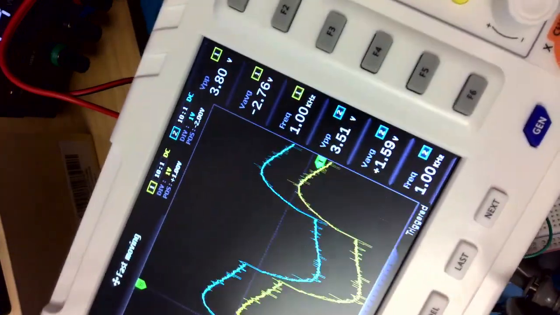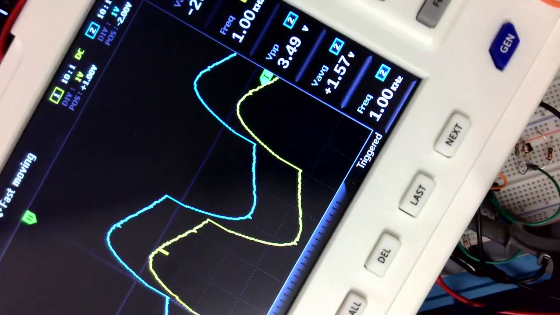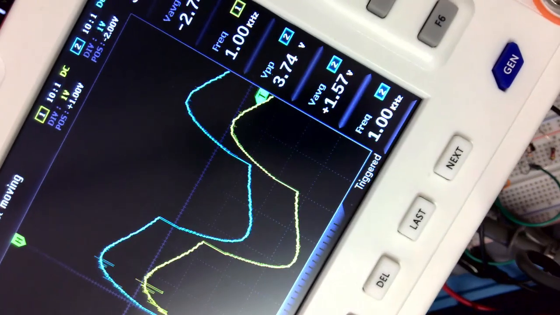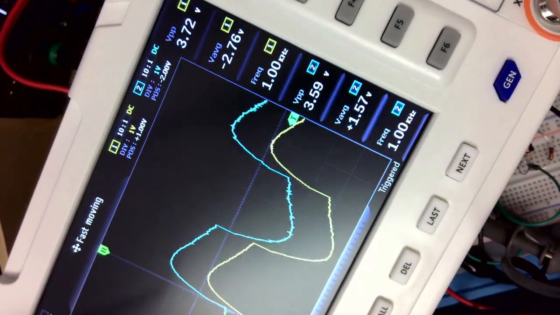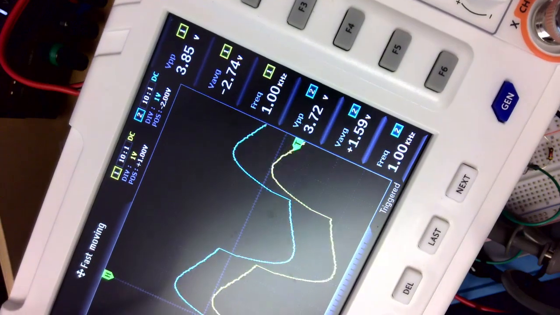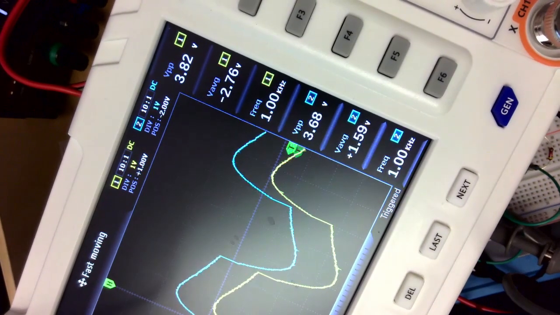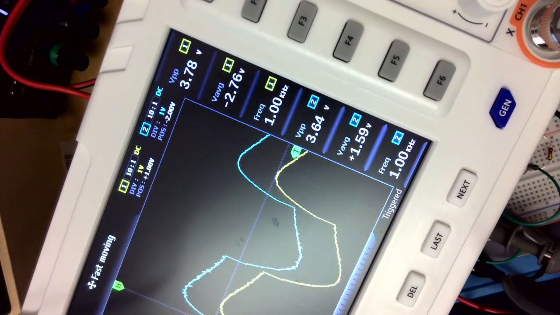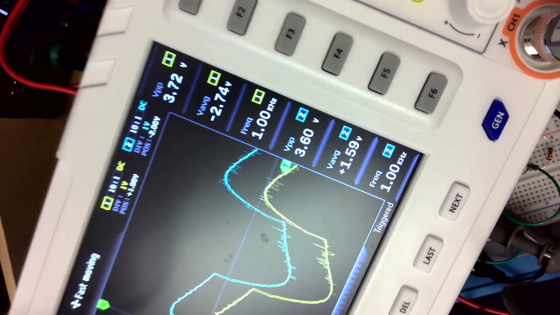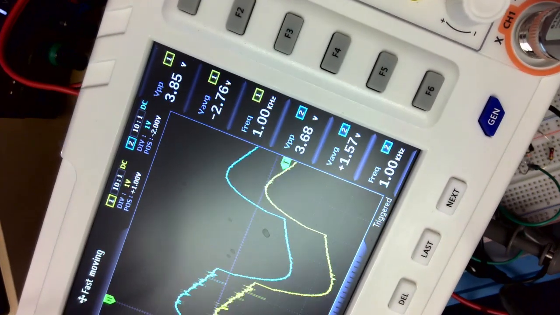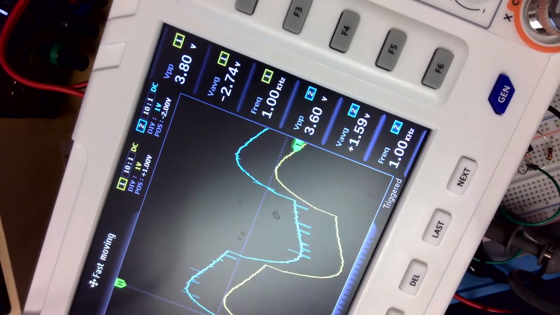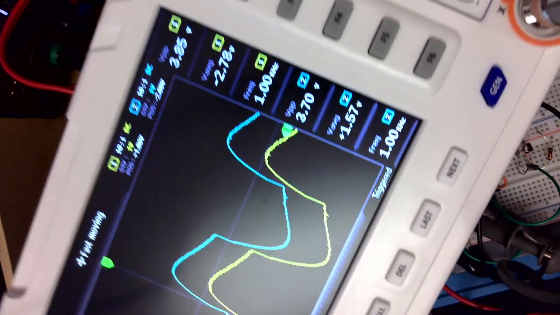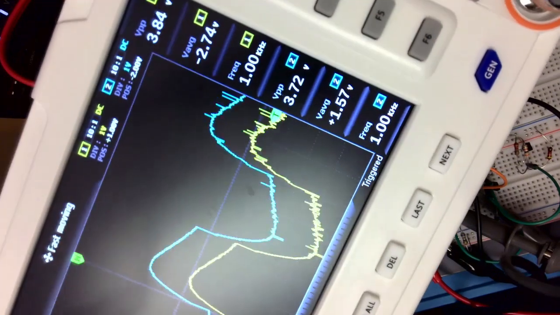But switching is working. Input and output are pretty much the same. The waveform is very skewed because the input is a negative voltage amplified by a TTL type of inverter, so it's very skewed. Okay, but it's working.